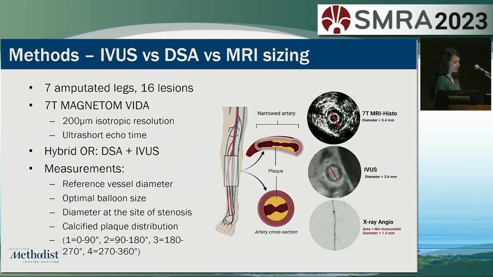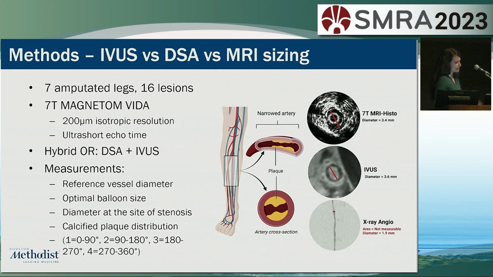Here we used 7 amputated legs with 16 lesions, and we scanned these amputated legs at a 7 Tesla scanner with a 200 micron isotropic resolution, and we performed our measurements on the ultra-short echo time contrast.